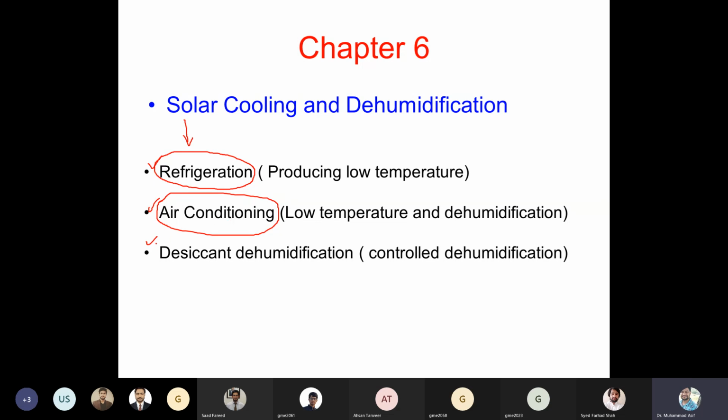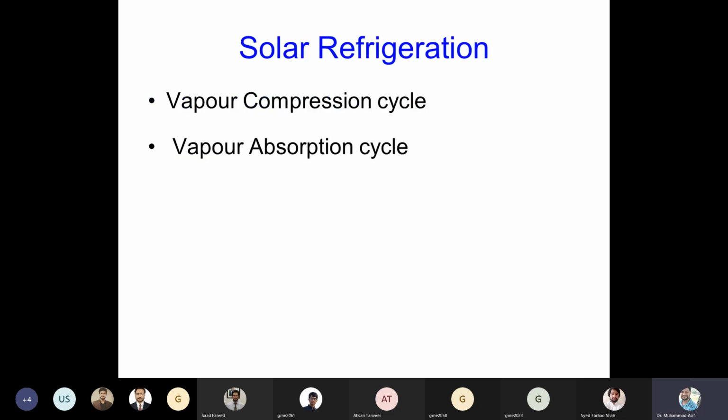And there are certain applications, especially industrial applications, where you need very dried air. For that case we have to use some desiccant that can produce very dry air, and the energy required for the desiccant is obtained from the solar heating system.